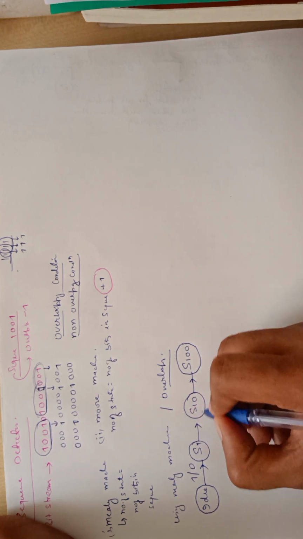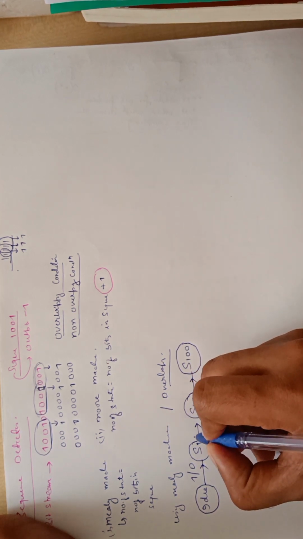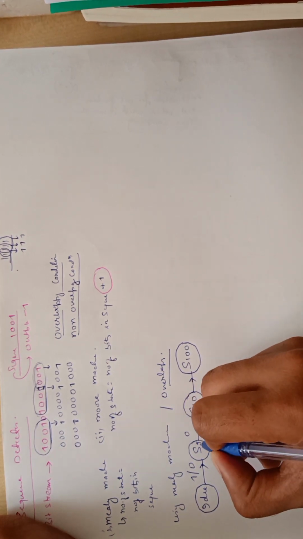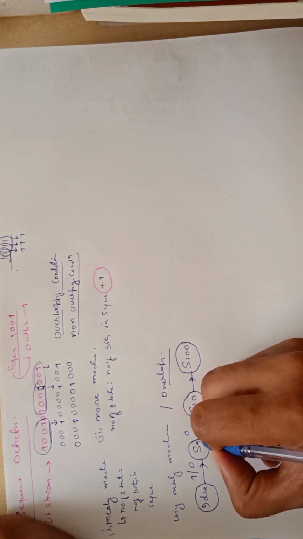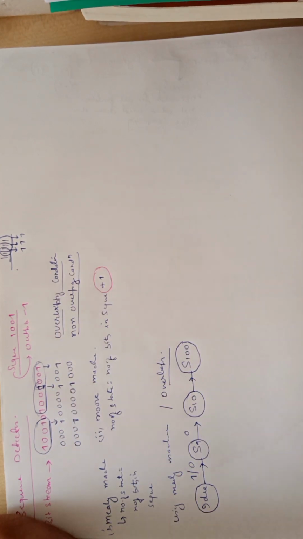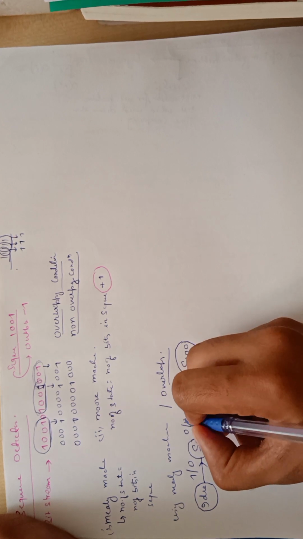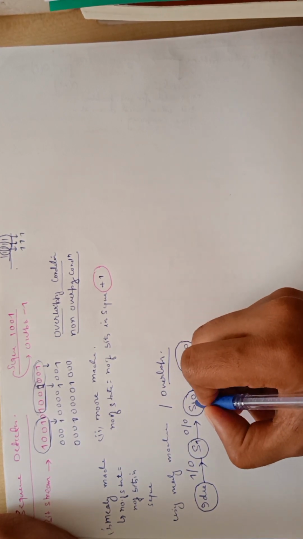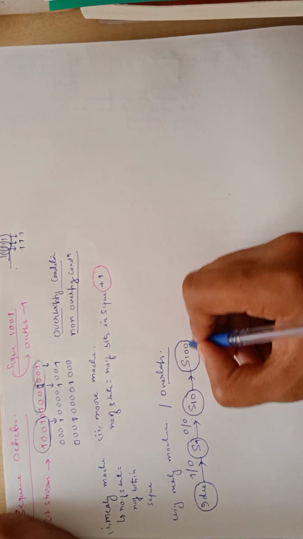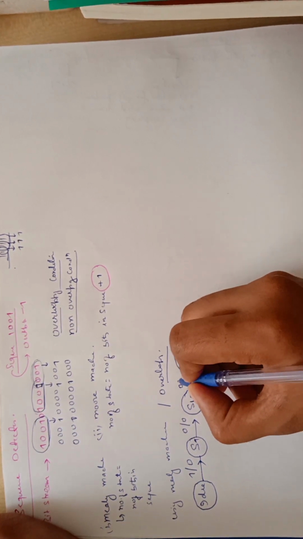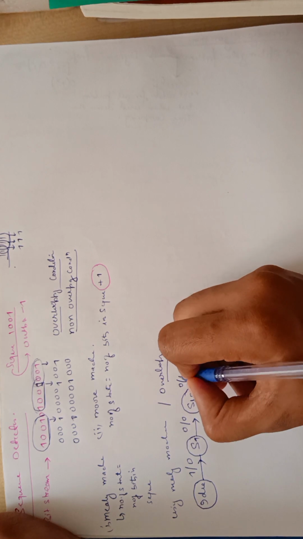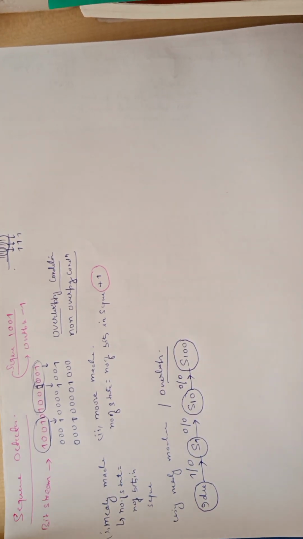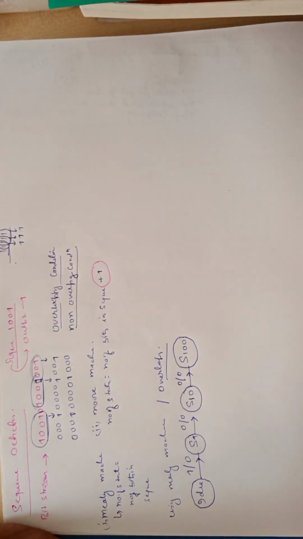And if we move from S1 to S10, the input will be 0, because you need 0 after 1, and the output corresponding to that is also 0. And again, if you move from S10 to S100, you need an input 0, and the output corresponding to that is also 0, because the output will be 1 only if the sequence is detected.